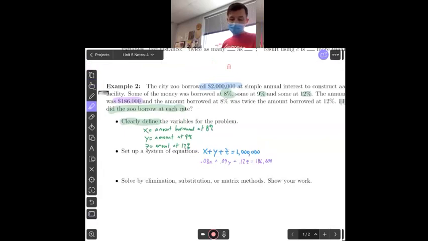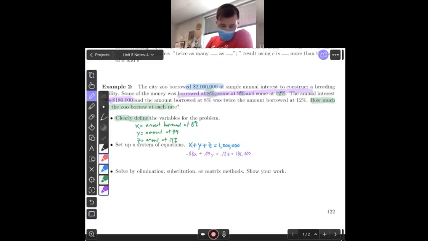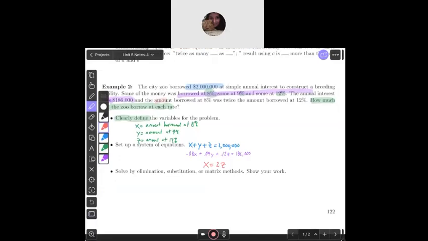So there's, oh, we need one more equation. X equals 2Z. Where are you getting that, Maddie? At the end of the question, it says the amount borrowed at 8% was twice the amount borrowed at 12%.